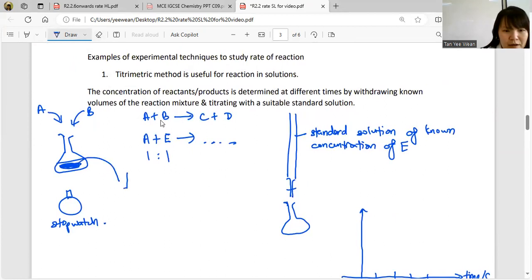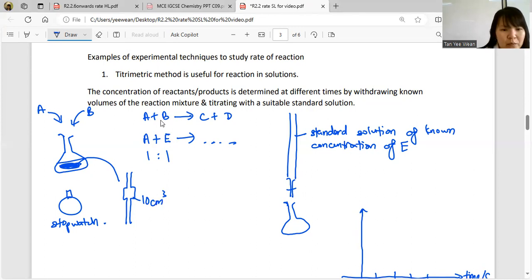Let's say I draw out 10 centimeter cubes of the mixture of A and B. It's still reacting, it's not completed yet. So A is still decreasing in its concentration. B is still decreasing in its concentration because they're all forming C and D at that time. So at minute number 1, they haven't finished reacting yet.